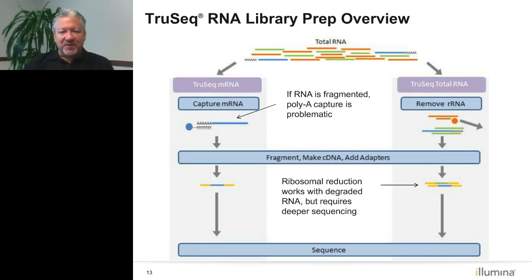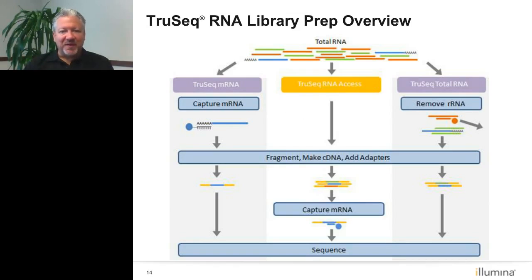We also, as I've alluded to, total RNA works quite well on degraded samples, so it's relatively independent of degradation, but sometimes, as I'll highlight with FFPE, it requires much deeper sequencing to get a good answer out. And so to address both of these issues, we developed this method that we call TruSeq RNA Access.